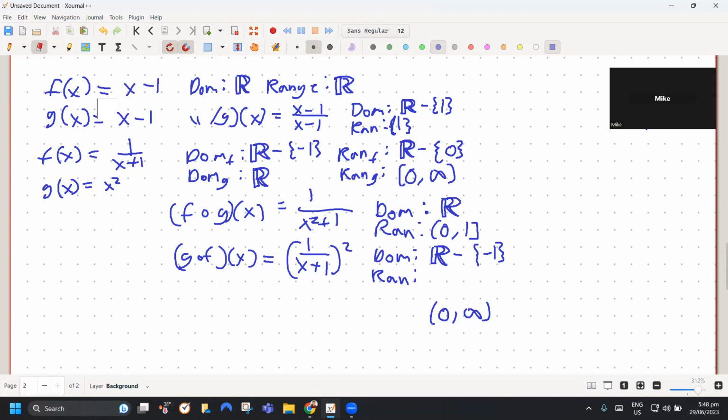So, let's look at one example ulit. So, let's look at the function. Teka, share ko yung screen ko.